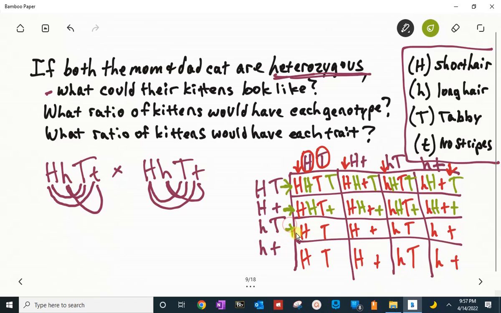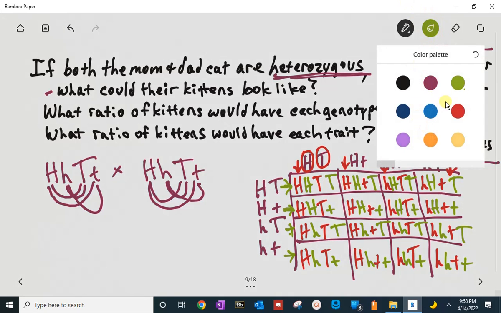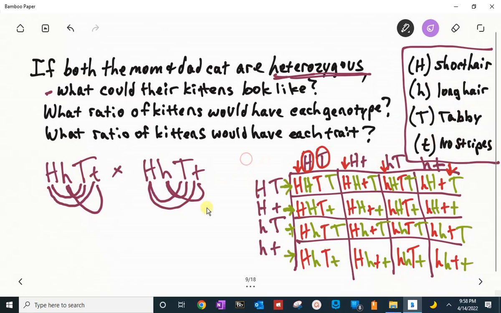On this row, a lowercase h and a capital T. And on this row, lowercase on both. So now, how do we write this answer out when we're being tested on this in class?